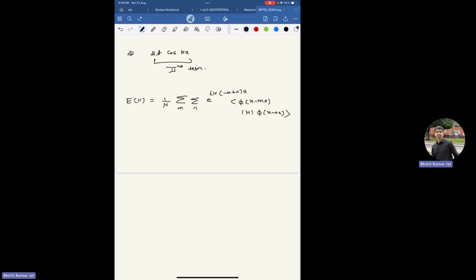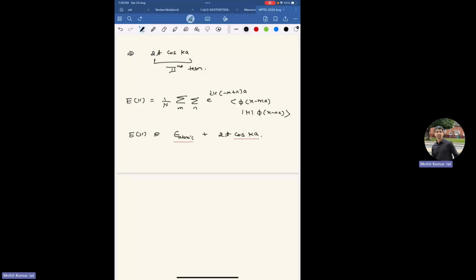The first term is nothing but the energy of your atomic orbitals. That's just a constant, not a function of the momentum k. But the second term is 2t cos ka, a function of momentum k, and now the gaps will open up.